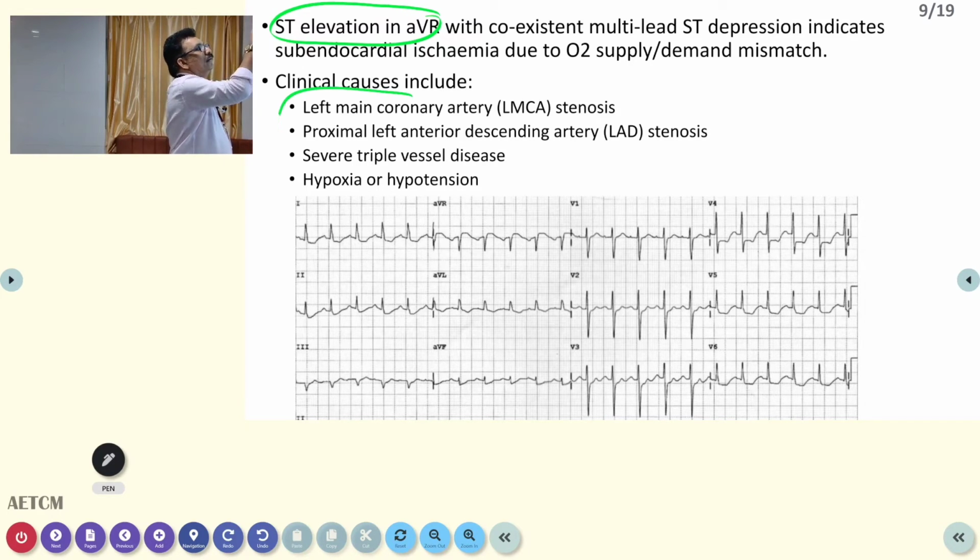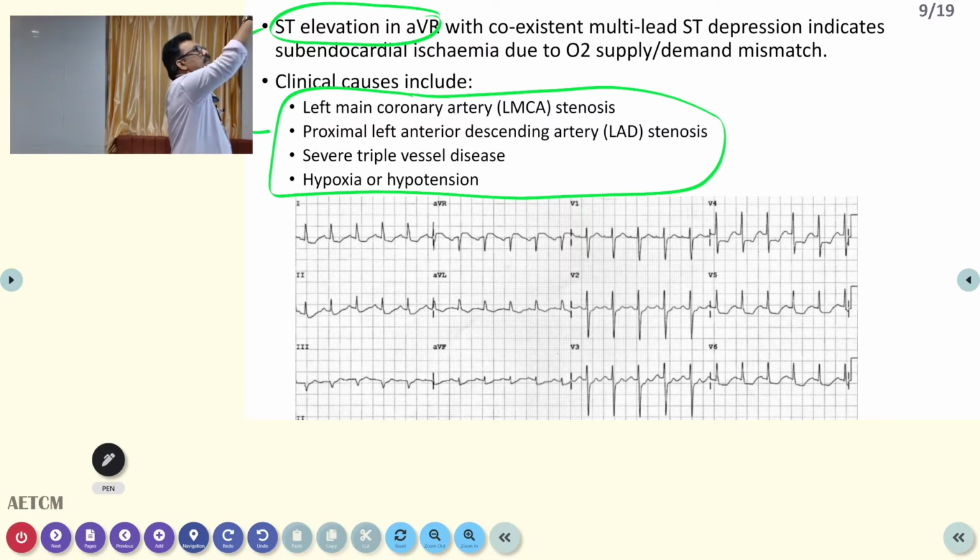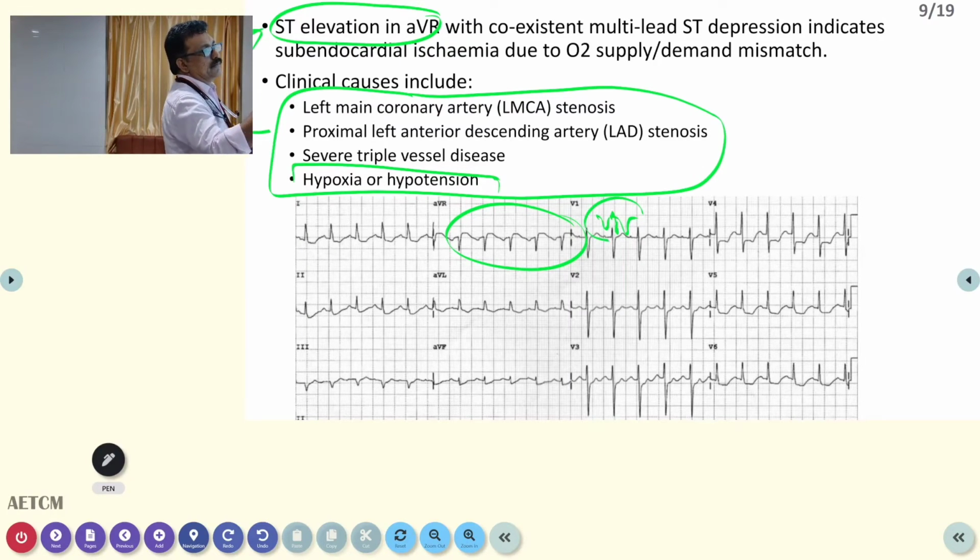You can have many problems which can produce it, but remember hypoxia and hypotension also can produce ST elevation in AVR. What you are seeing here is ST elevation in AVR. Normally, P waves are negative in AVR, and the ST segment and T wave are also negative in AVR. But here, the ST segment is elevated in AVR.